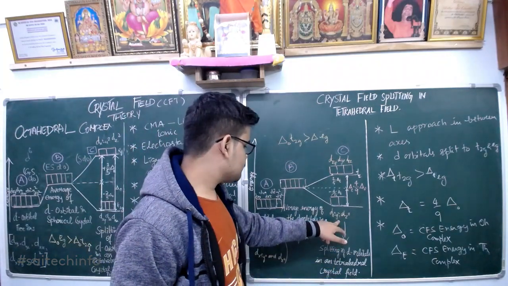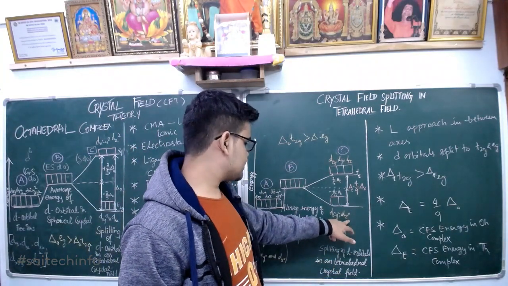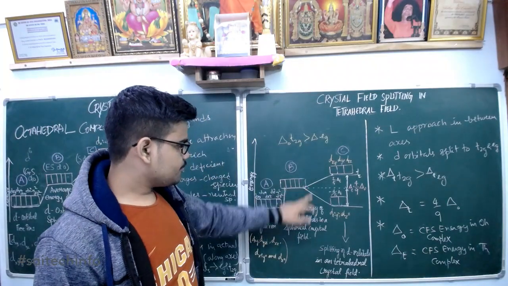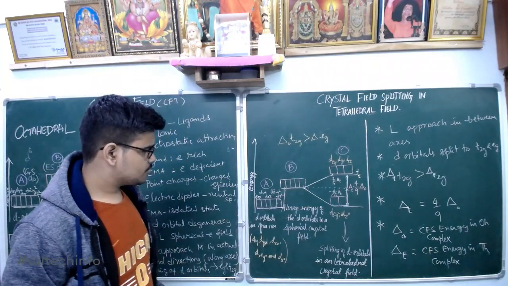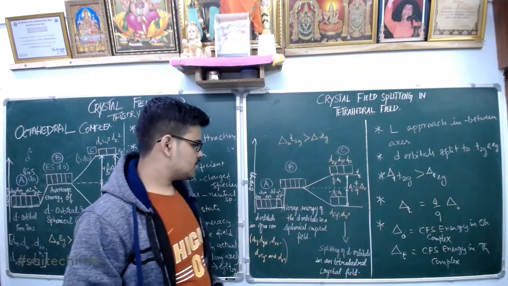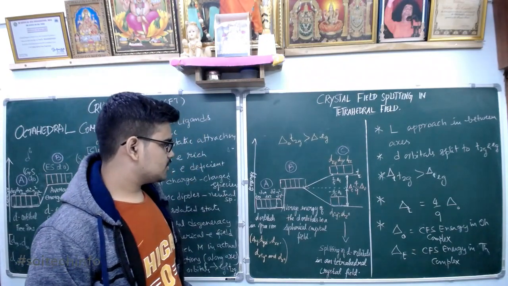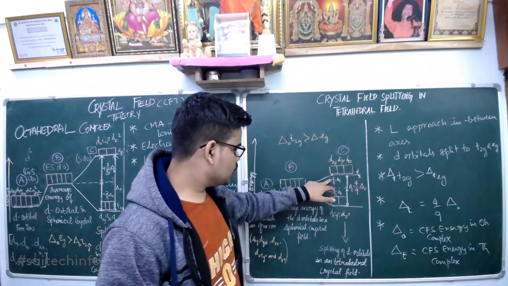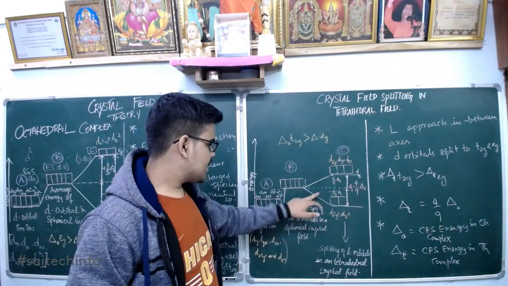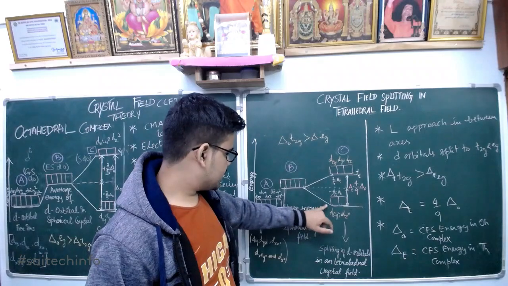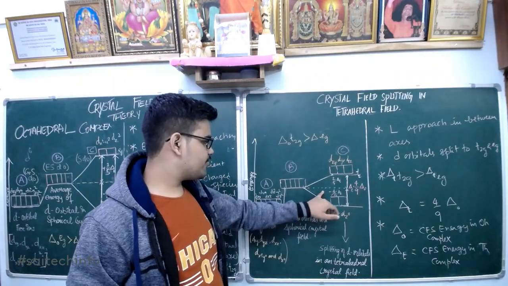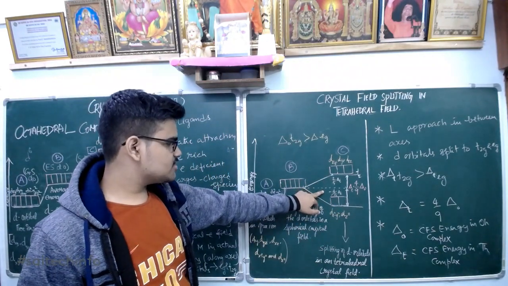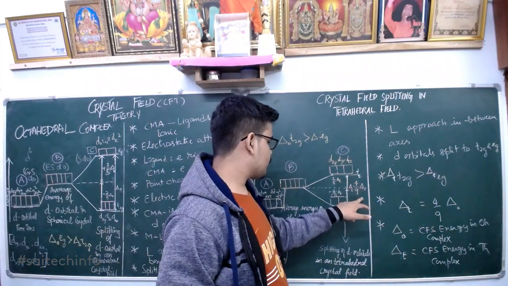So the triplet has higher energy than the doublet: T2G is greater than EG. The T2G is given by 2 by 5 del T, and EG is given as minus 3 by 5 del T.